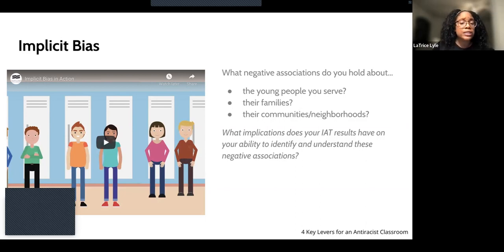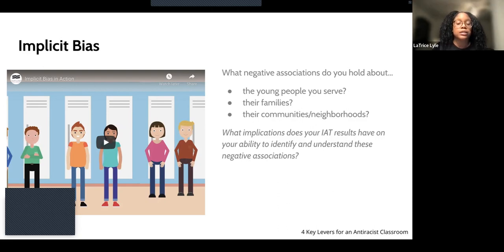So just take a second and think about what negative associations do you hold about the young people that you serve, their families, their communities and neighborhoods. And here's a great time if you want some extra credit. Check out the implicit association test. It is a part of a study being done by Harvard and a few other organizations and universities.